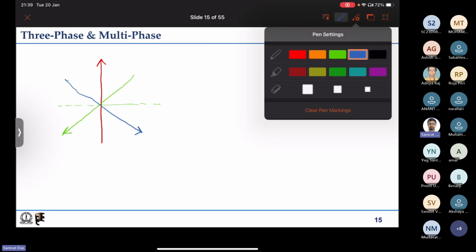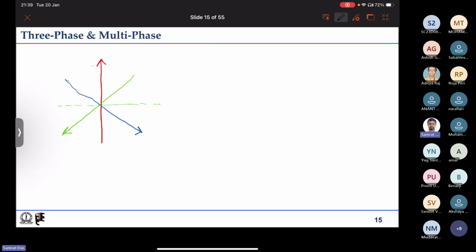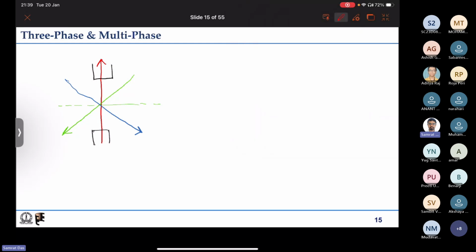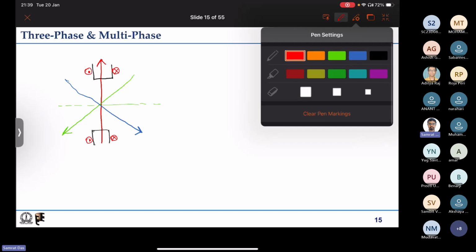Now how do we realize that magnetically? We had one pole, right? And in order to produce the magnetic field axis like that, we had put dot conductor here, cross conductor here. Similarly, dot conductor here, cross conductor here. That is the case we had taken.